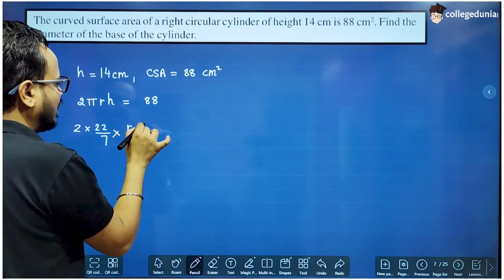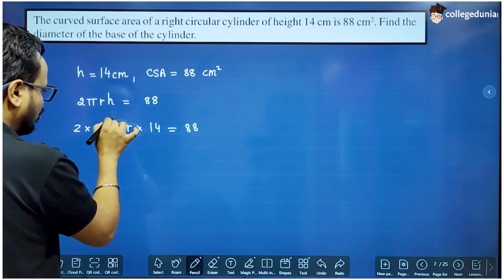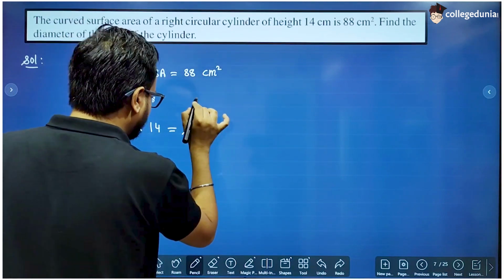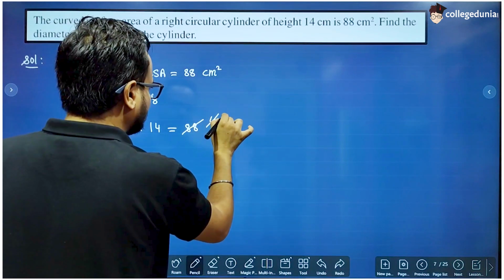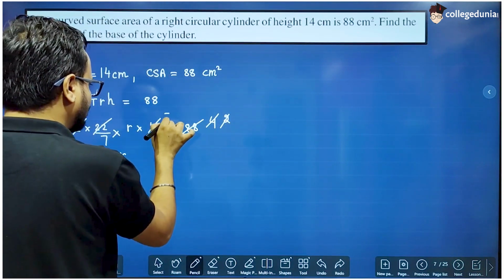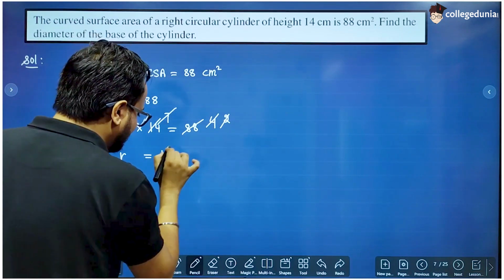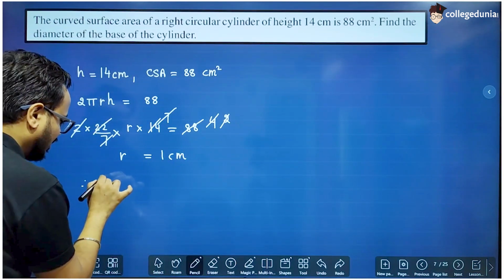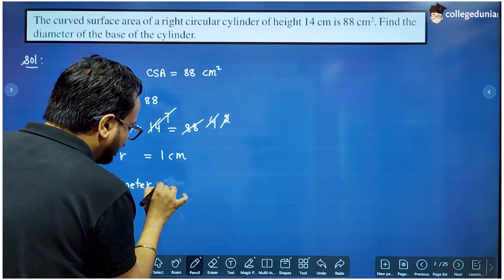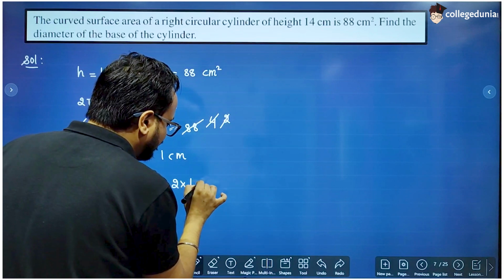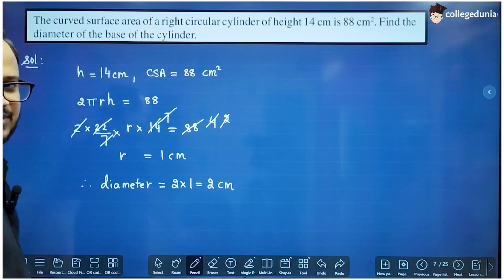Radius we do not know, height is 14, equal to 88. So 22 into 4 is 88. So this 2 cancels with 4 to give 2, and this 7 cancels with 7. So radius of the base is 1 centimeter. Therefore diameter is 2 times the radius of the base, that is 2 centimeter.